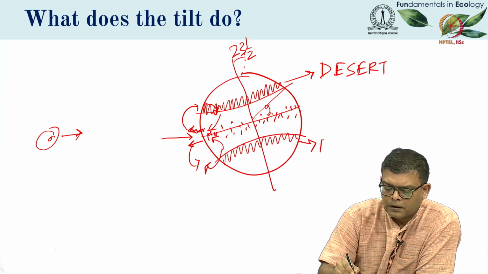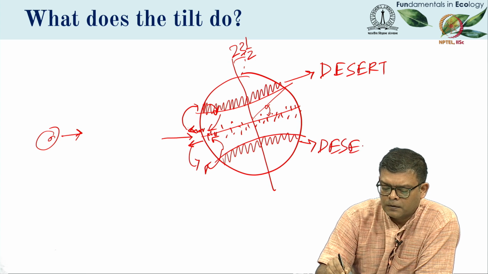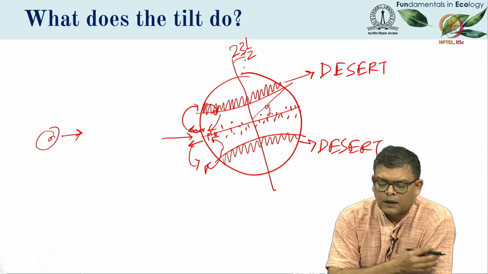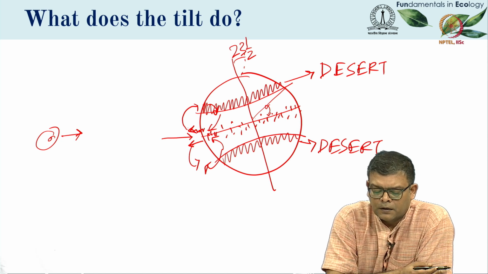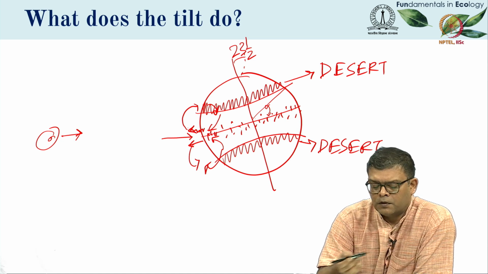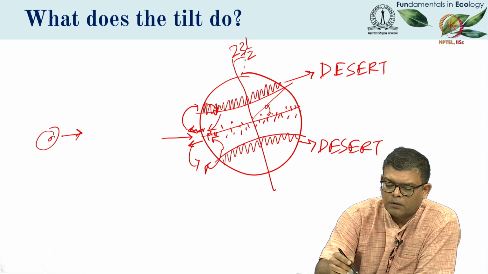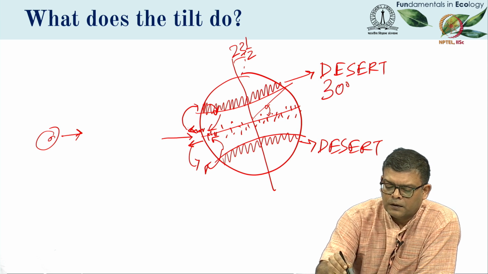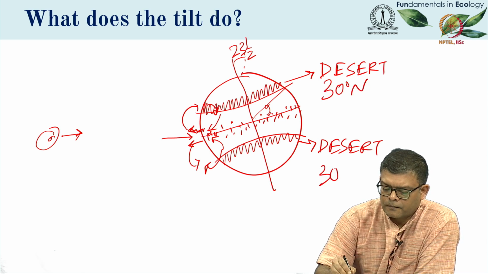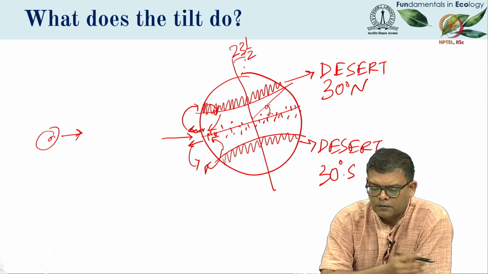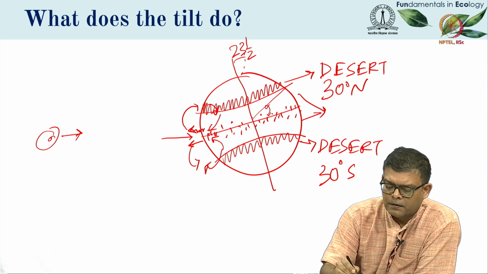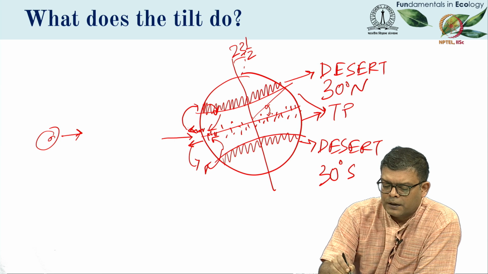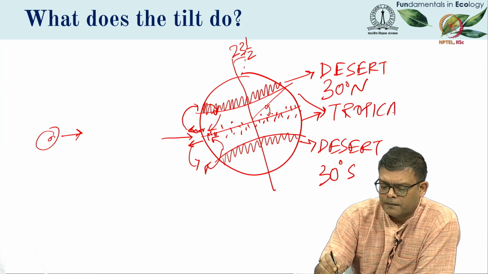So if you look at a map of the world, the Sahara, Arabia, the North American desert, and once again the Atacama in South America, most of Australia, they're all located around these 30 degrees north and south latitudes. These are where the deserts are located. This middle band here, where there is a lot of rain, you get tropical rainforest.